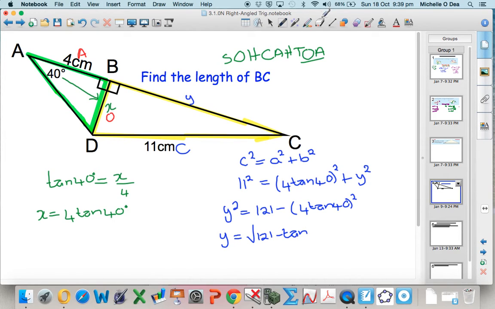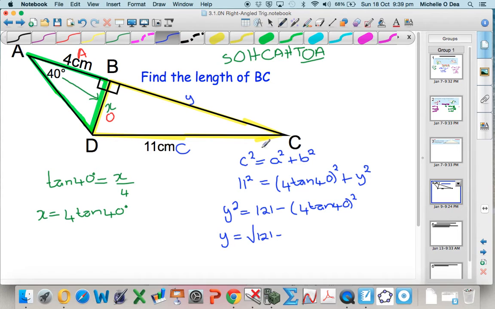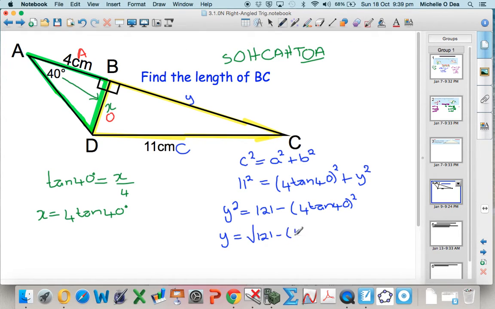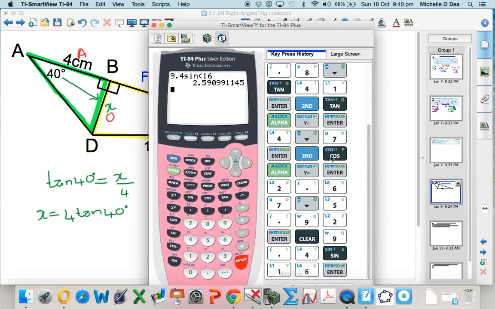Whoops, I've just realized I missed out the 4 there. So you must take the square root of all of that on the right hand side. And this must all be squared though first. Do not forget that. So when you're putting it into your calculator, put it in exactly as you have written it. Then you are not going to make any little silly calculator mistakes.